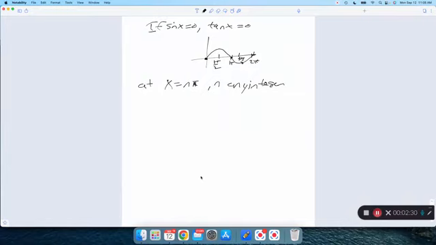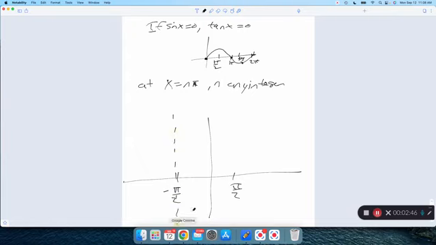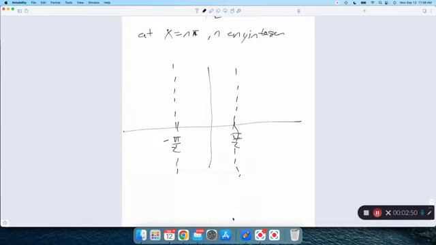And this graph is going to look like this. Let's just graph out, yeah, that's a little crooked. I think we can do better. Let's graph out a couple of cycles of tangent. So here's our main cycle. Has vertical asymptotes at the pi over 2's.